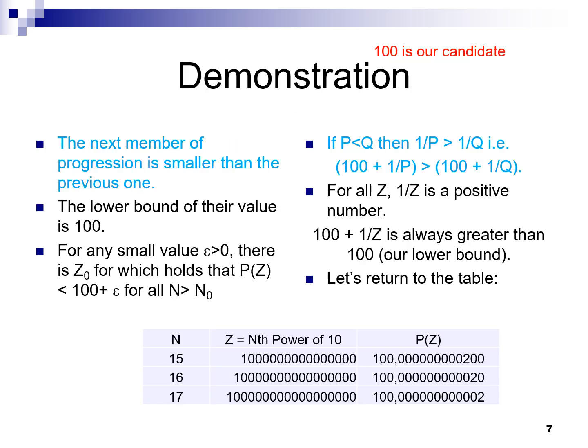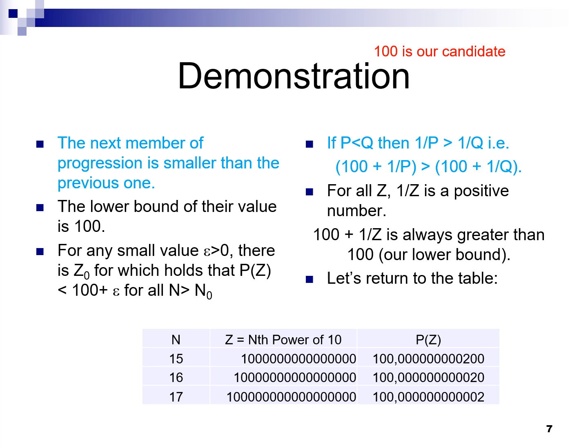So why does it hold? First, the next member of a progression is always smaller than the previous one. If P is less than Q, then 1 divided by P is always greater than 1 divided by Q, which means if we add 100 to both sides, naturally we know that for the entire progression, the members are declining and declining.